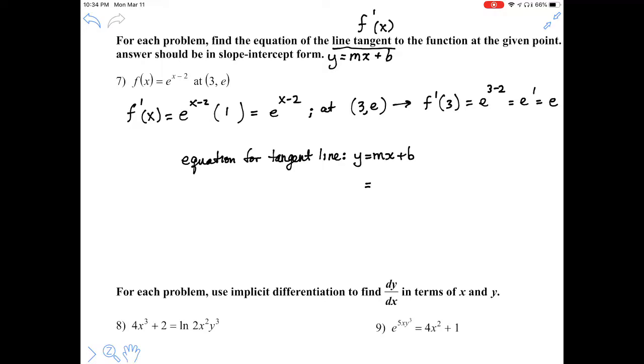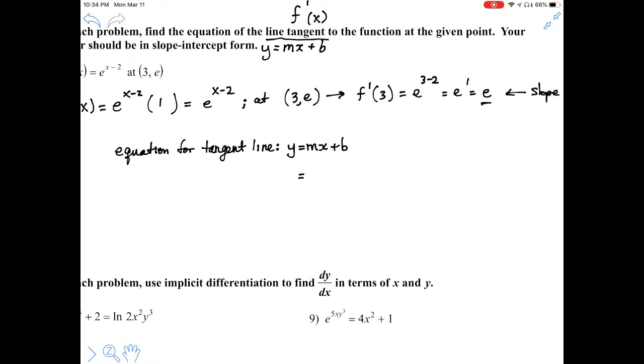We know the m value we just found, that was our value right here. So that's going to be e. And then we can multiply that with the x value of the point we're using, which is 3. And then that e there could be our y value. And then we could solve that for the missing y-intercept b.